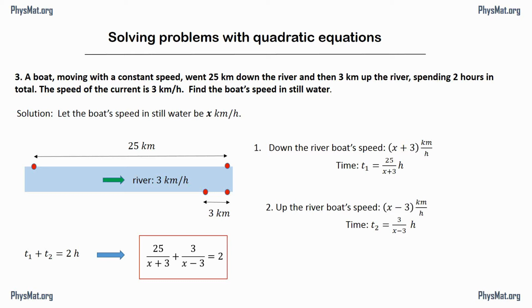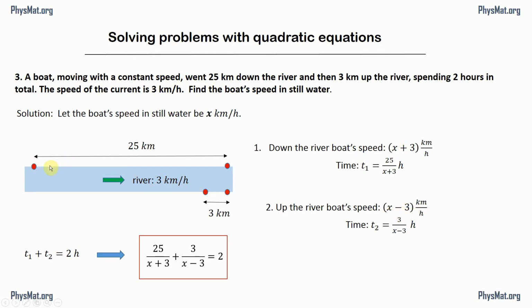As we discussed, when we travel down the river, the current speed will add up to your boat speed, which we denote as x kilometers per hour. So the speed when traveling down the river will be x plus 3 kilometers per hour. On the other hand, when you travel up the river, your boat speed will be reduced by the current speed. So it will be x minus 3 kilometers per hour.